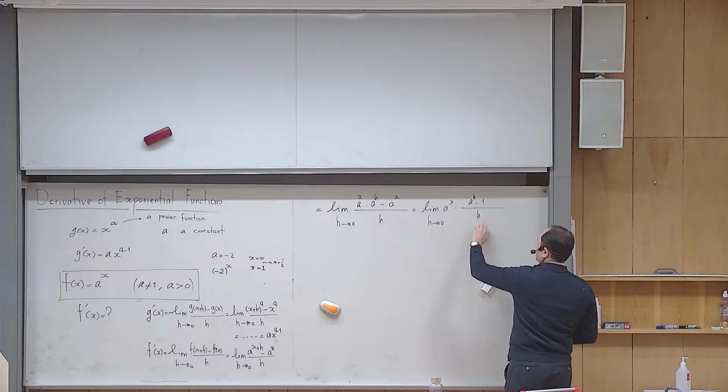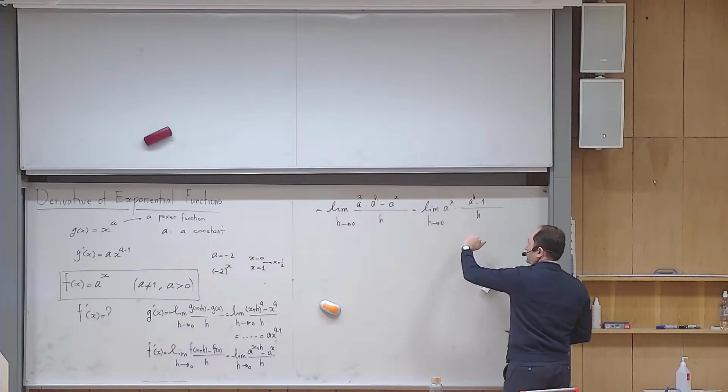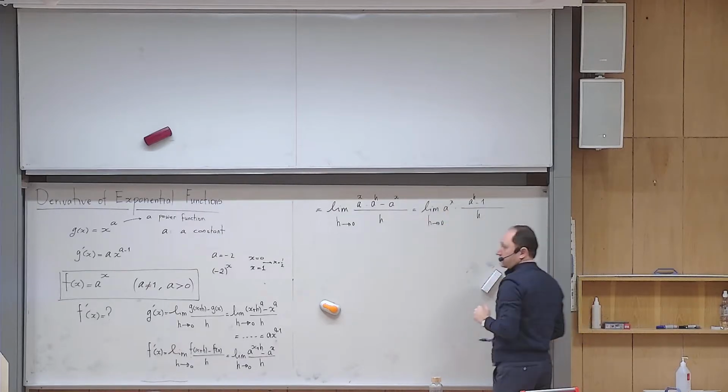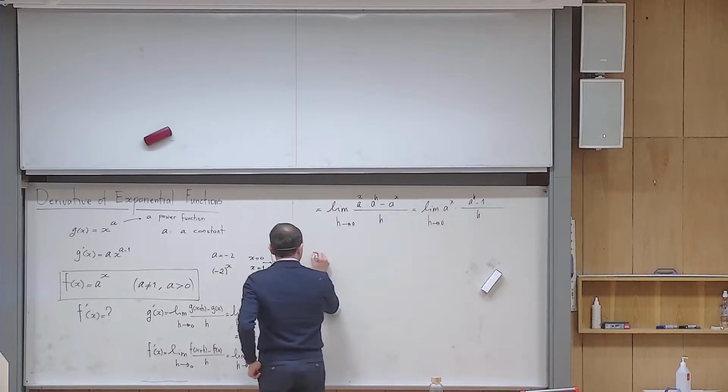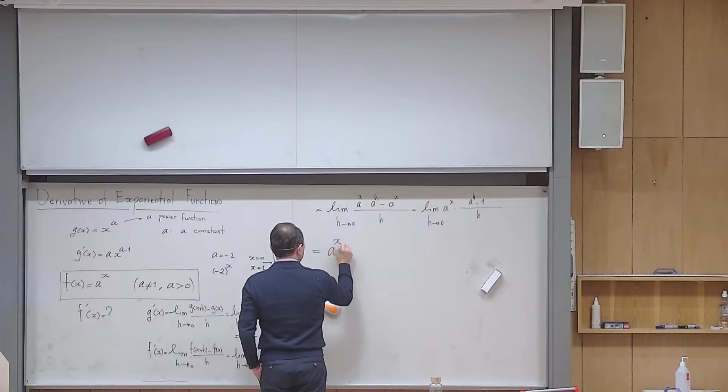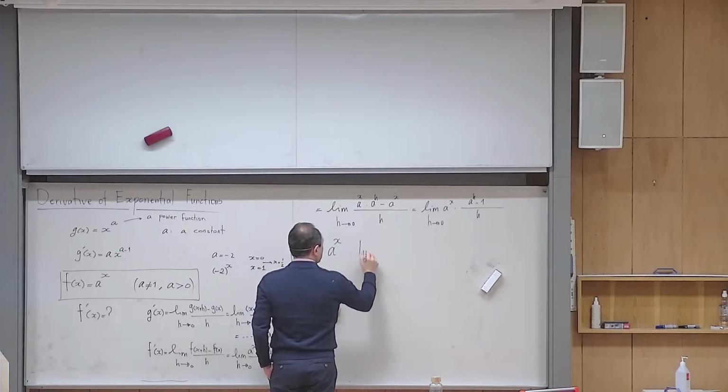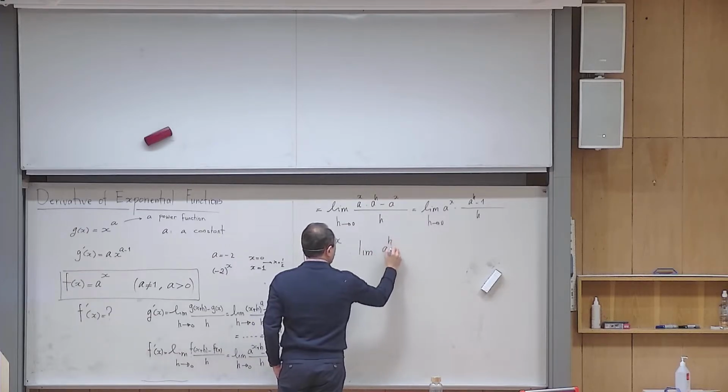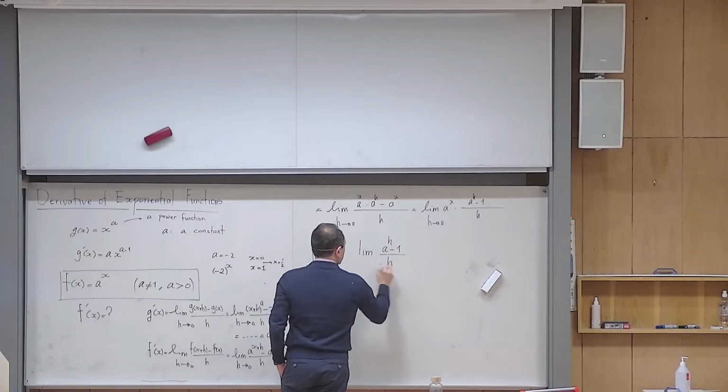You see, this part depends on the value of h, which is the variable in my limit. So what I'm trying to say is that I can pull this out because that's a constant. So then I can write it as a to power x multiplied by the limit of a to power h minus 1 over h as h goes to 0.